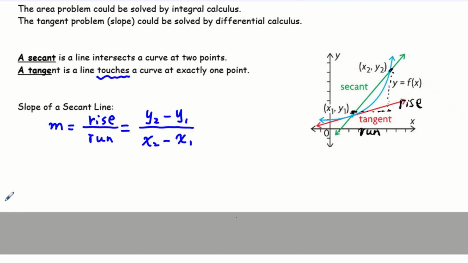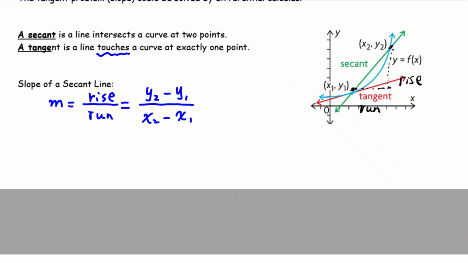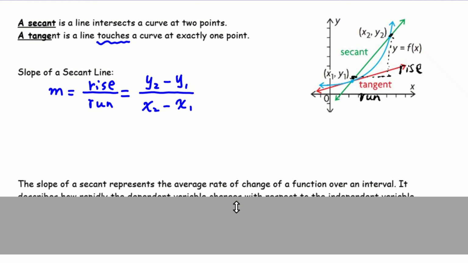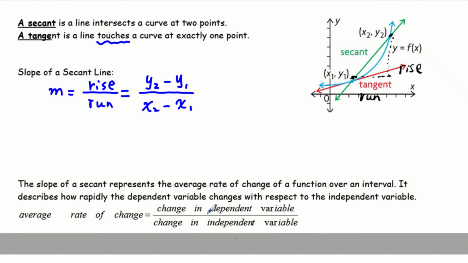It's the same as our slope for a linear function. This is in xy notation. We also call the slope of the secant the average rate of change.